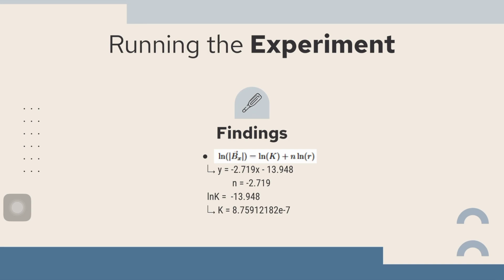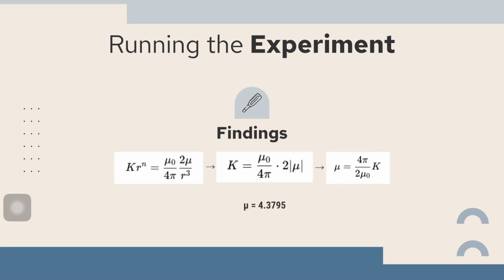So doing this, finding the log, we get that k is equal to 8.759 times 10 to the negative 7th. And this is useful because then we can set this equal to the Biot-Savart law, which we can then find the magnetic moment for the magnet, which is 4.3795 using algebra.